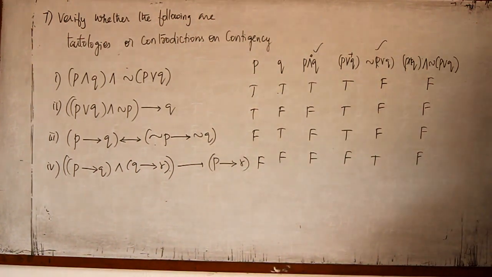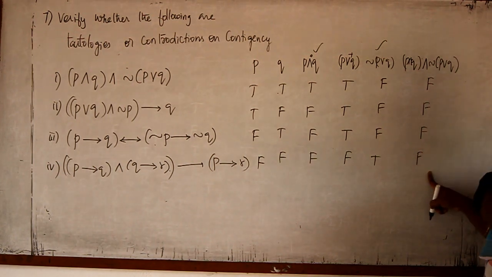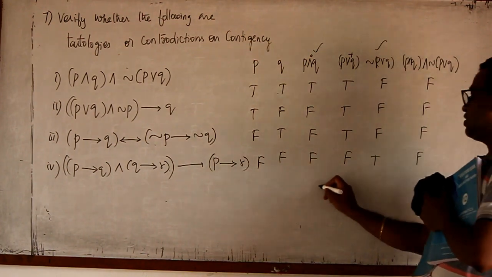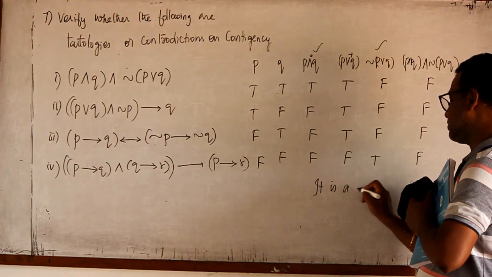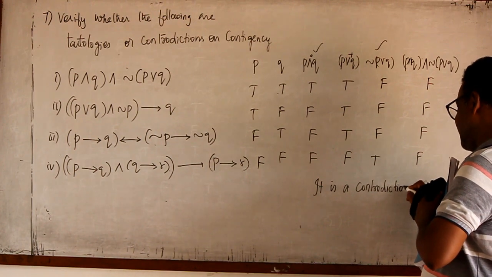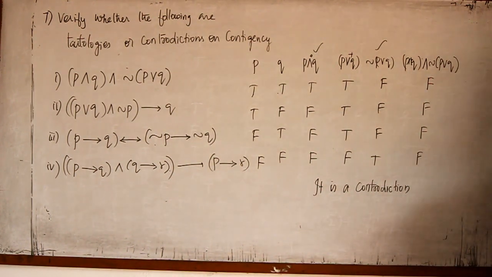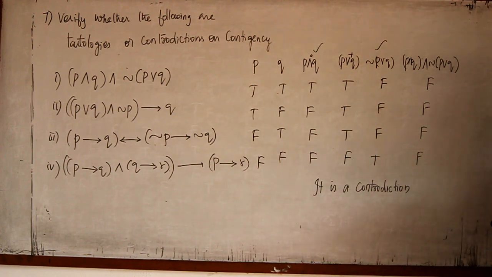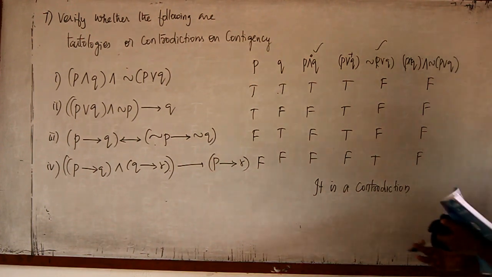Am I getting all the answers as F? Here all are resulting in F. So all the results are ending with F. Therefore, it is a contradiction. That's all. If the answer everything is F, then it is a contradiction. If all are true, then it is known as tautology. That's all. So here all are ending with F, therefore it is a contradiction.